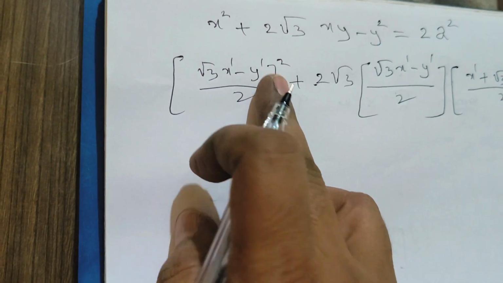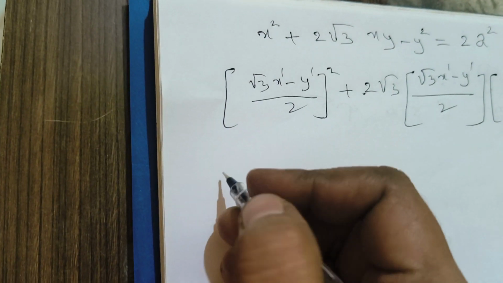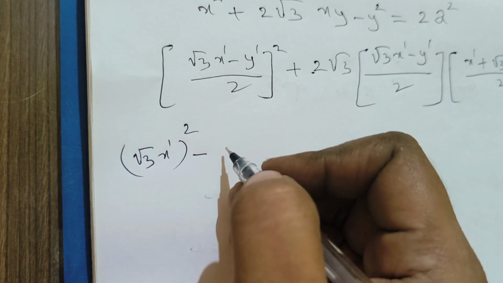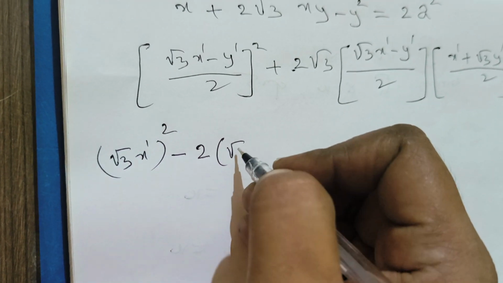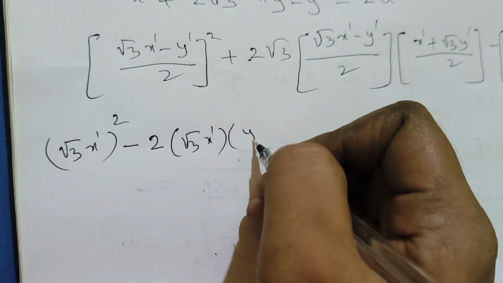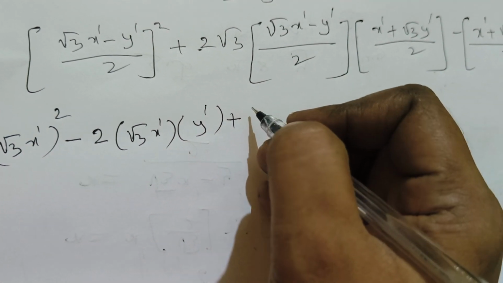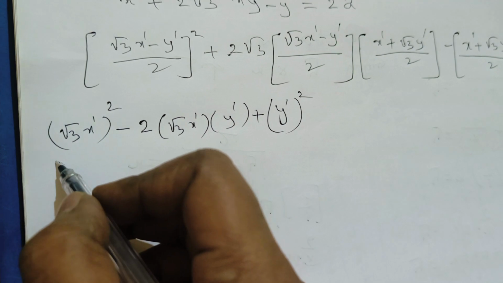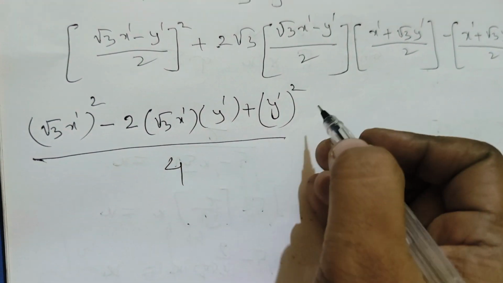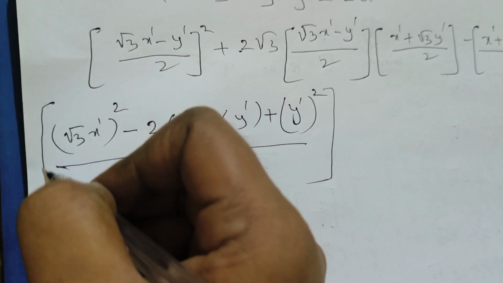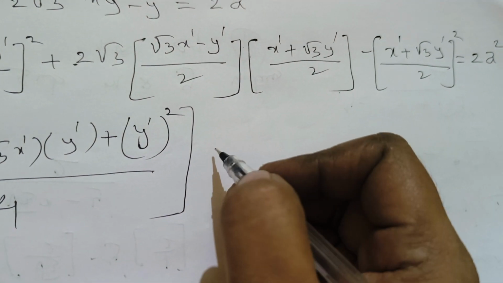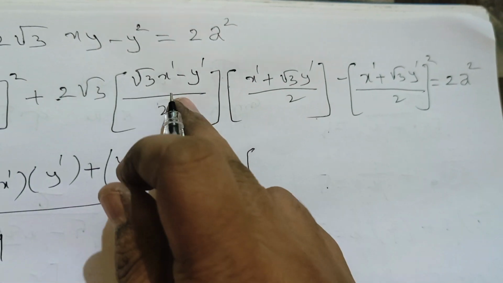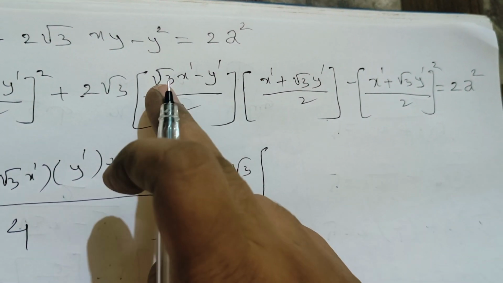Now the a minus b whole square formula is applicable. So a square means root 3 x dash whole square, minus 2ab, where a is root 3 x dash and b is y dash, plus y dash square. B square is y dash square, whole divided by 2 twos are 4. This is the expansion of our first term. Plus 2 root 3, keep as it is. Here we are multiplying these two bracket values.